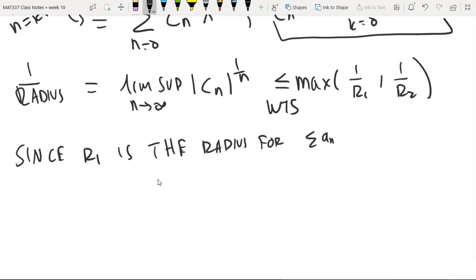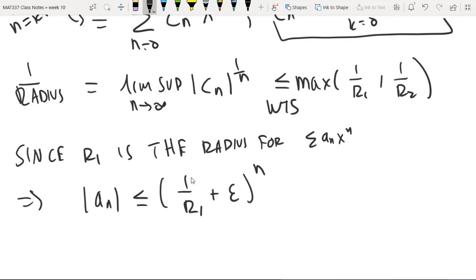Since r1 is the radius for the sum of a_n x^n, we get that |a_n| is less than (1/r1 plus epsilon)^n for fixed epsilon. I mean, if you don't have questions here, then I don't know what to say.